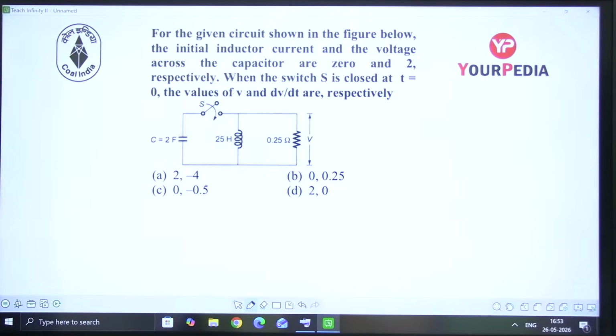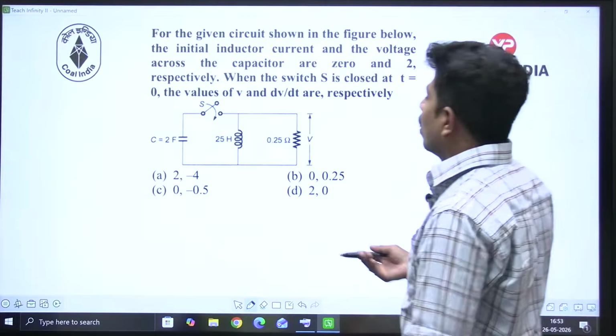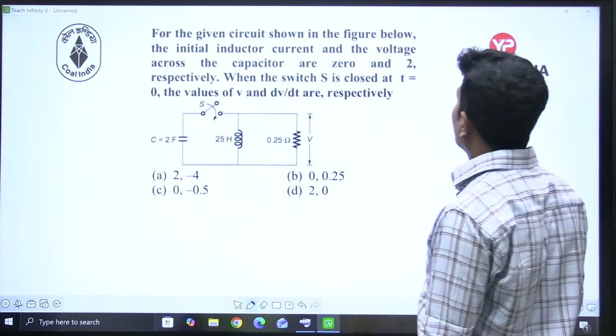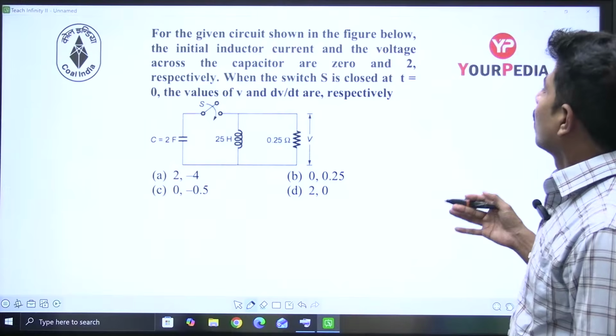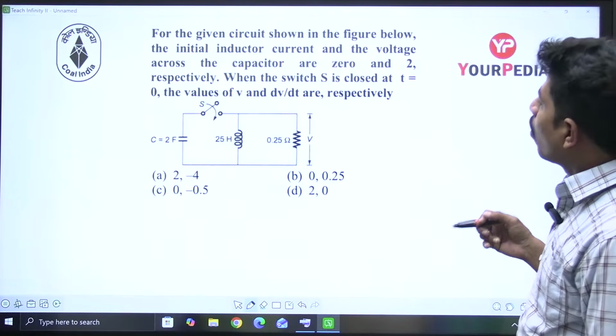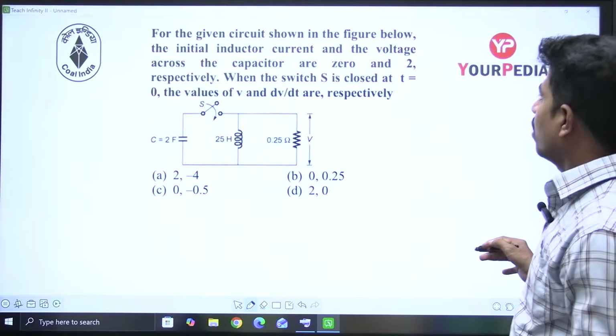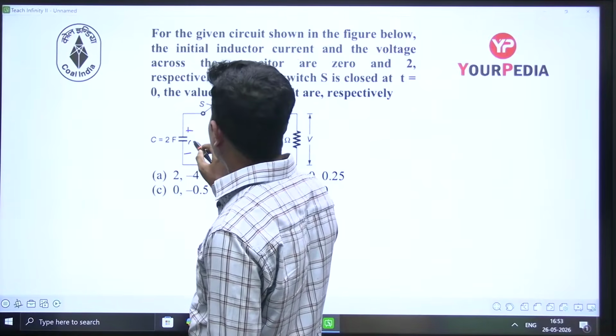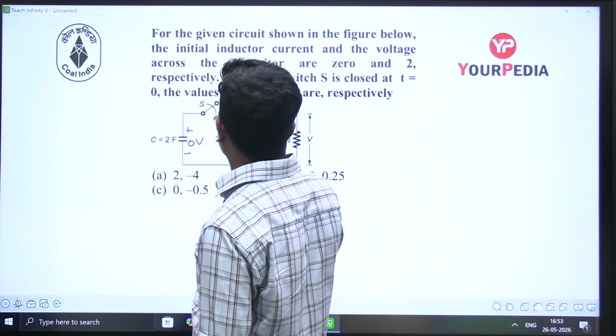For the circuit shown in the figure below, the initial inductor current and the voltage across the capacitor are zero. Both are zero: the capacitor is not having any voltage initially, and the inductor is not carrying any current.